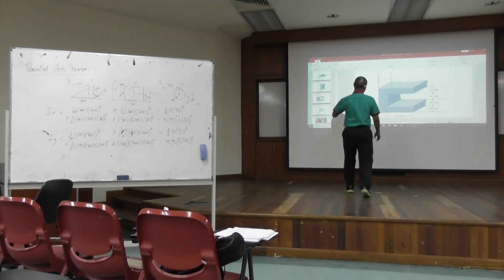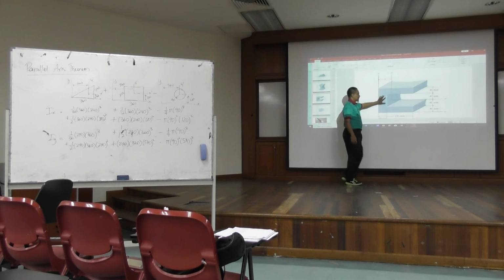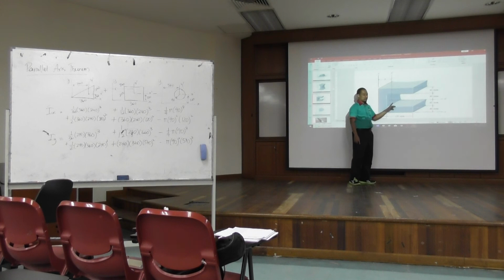Remember, the question asks something like this: find the moment of inertia. Okay, this one is quite easy. But find the moment of inertia about x prime and y prime. So x prime and y prime is what? Centroid for the whole thing, right? Meaning you have to solve the centroid first, get the coordinate, and then calculate the moment of inertia based on that coordinate. The question does not ask about x and y.